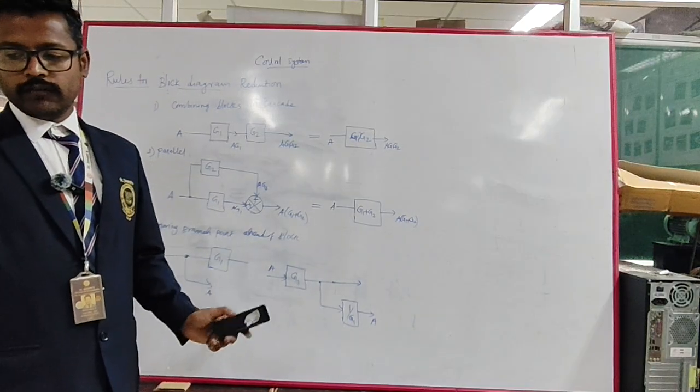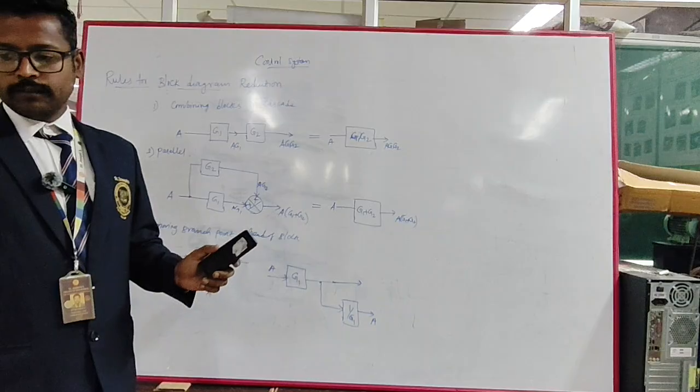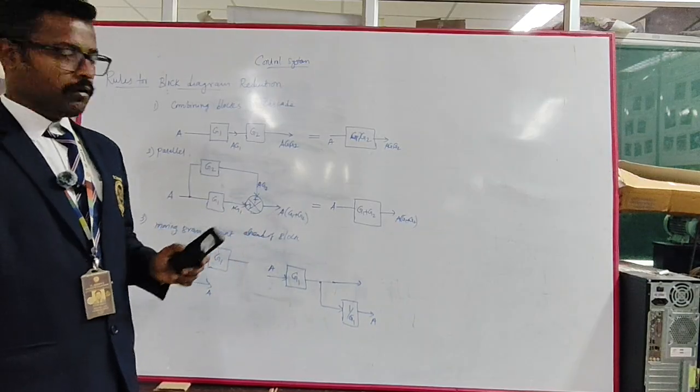In the same way, rule 4 is moving the branch point before the block.